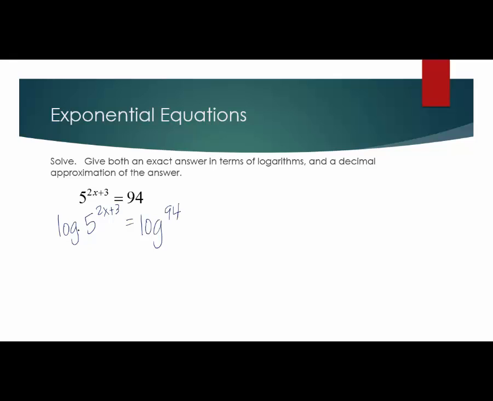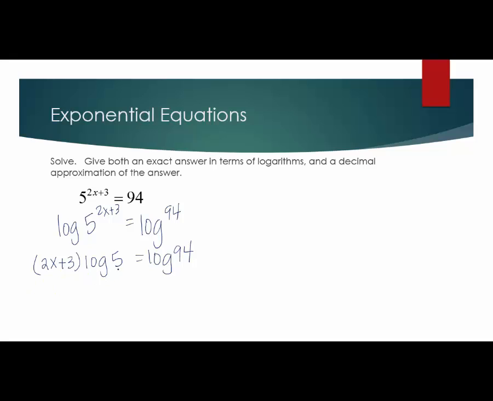Using a common log, since these bases don't match, I'm going to bring down 2x plus 3 as a multiple of log 5. These parentheses are pretty important because it's the entire thing times log 5. Now I just want to work on getting x by itself, so I'm going to start peeling away some other things.